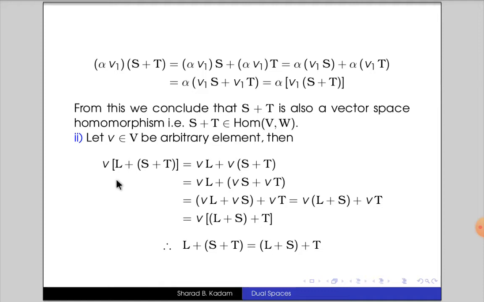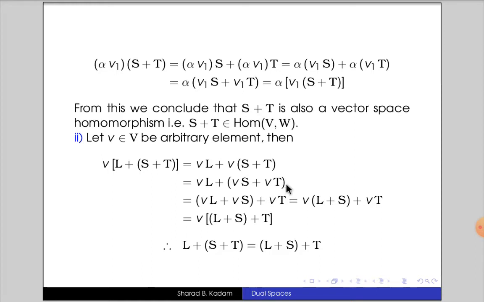The next property is the associative property. In order to show the associative property, we consider an arbitrary element V in the vector space V. Then we have (L plus (S plus T)) of V equals L of V plus (S plus T) of V. This is by the way of defining the binary operation, which equals L of V plus (S of V plus T of V).